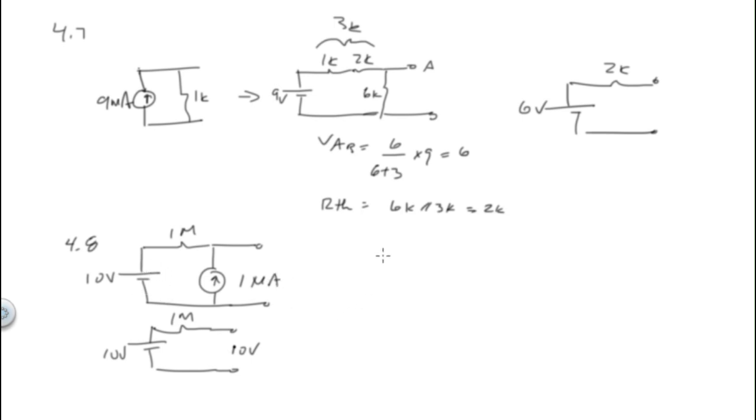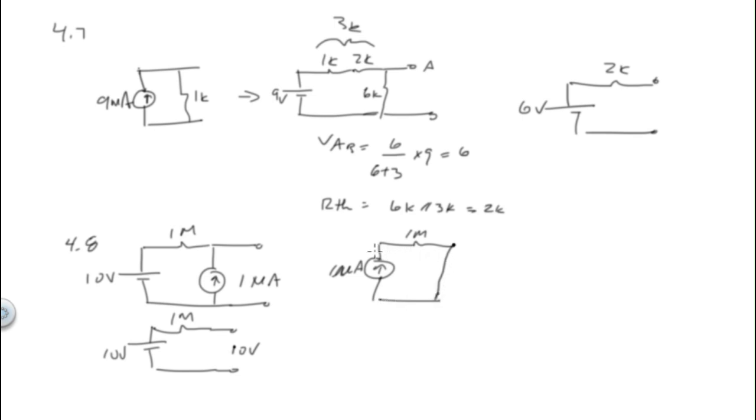Now let's do it the other way around. Let's do it with the current supply and the 1 meg, and then the short across the output.